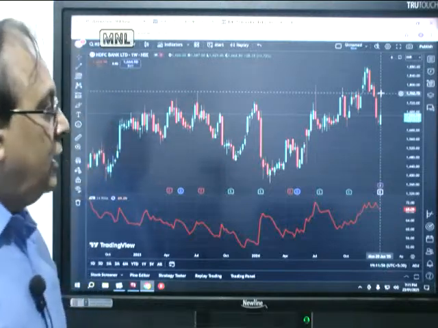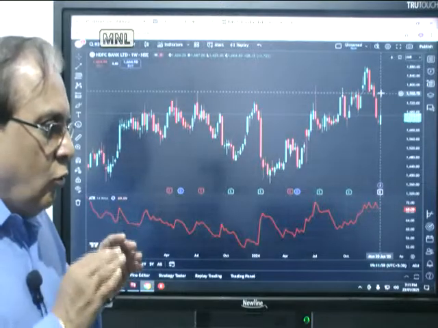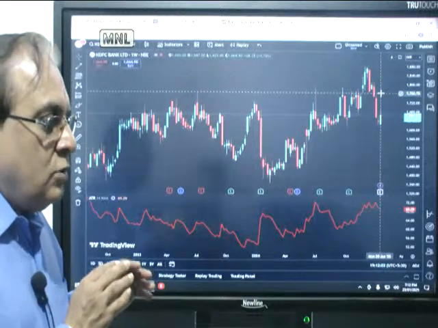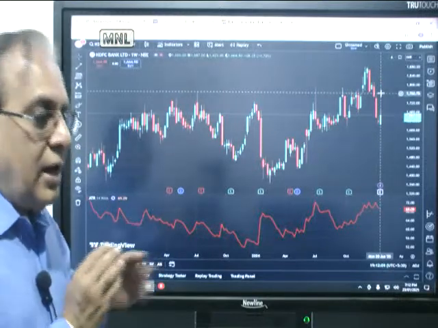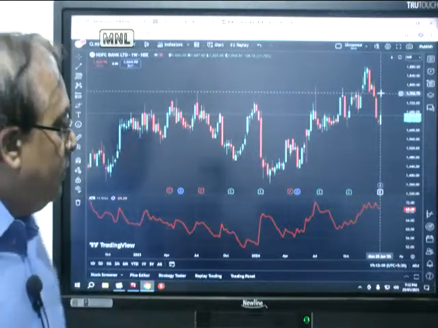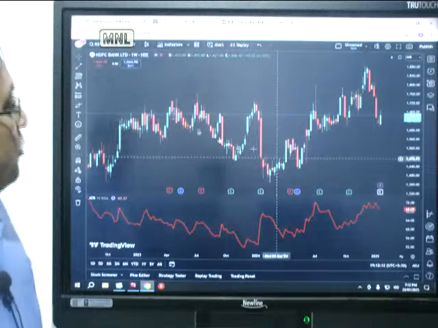Now, what I told you is that if there is a low which is below the previous bar low, but if the close is higher than the previous bar low, then in that case probably a bottom might have been formed. Now let's look at this.